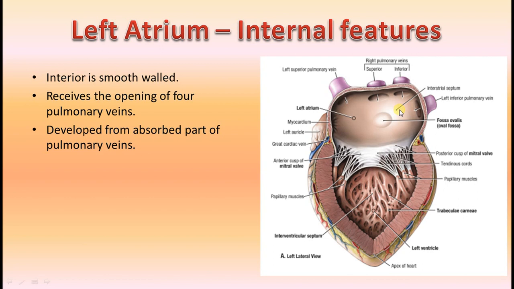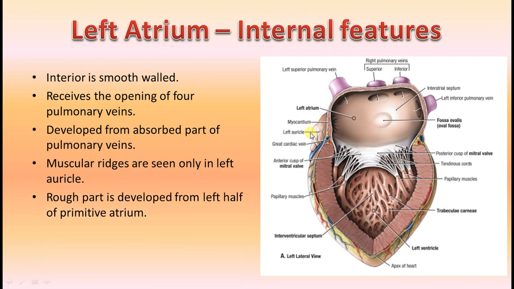left atrium. Then muscular ridges are mainly confined to the left auricle, only in the left auricle. Same as musculi pectinati, you can see here very small muscular ridges, and they are actually developed from the left part of the primitive atrium.